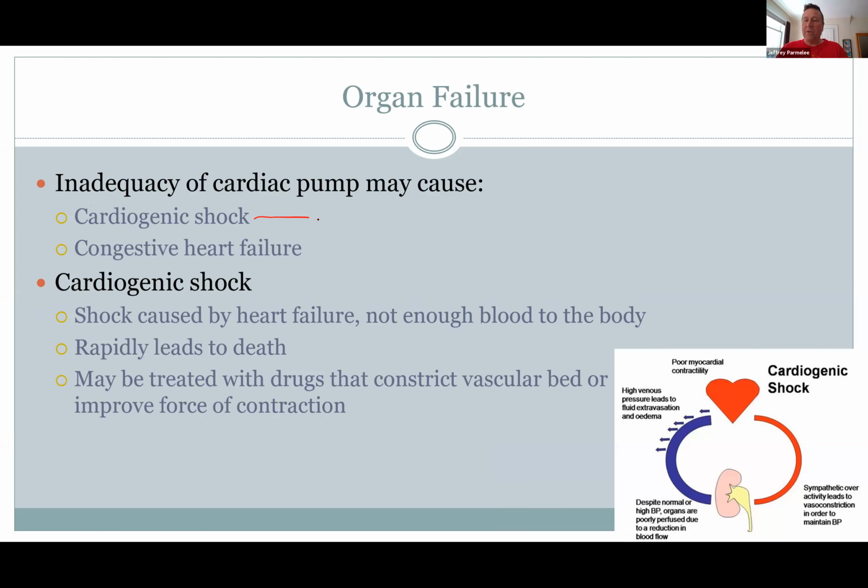Remember, your kidneys, your brain, and your body go through a sympathetic response. If it's got low blood pressure, it constricts those vessels. And so your poor kidney has got this constricted vessel. Maybe the pressure isn't up, but there's not much blood perfusion, and so it starts failing. And then if your heart can't get rid of the blood, you've got edema, right? Because the pressure is going to back up and you're going to have this loss of fluid.